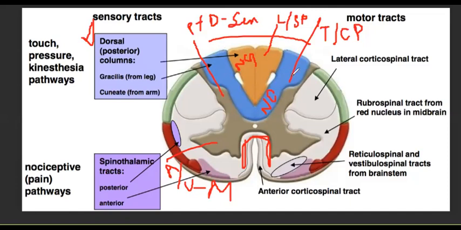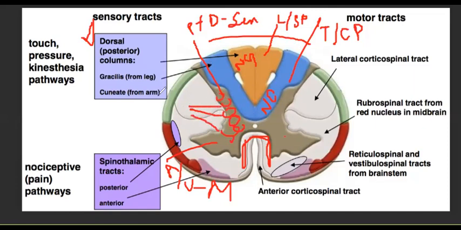I told you one thing in physiology class: everything which is gray, even in your spinal cord or your brain, if it is gray matter, it means it is made up of cell bodies or soma. And the white matter is called white because it has axons present.